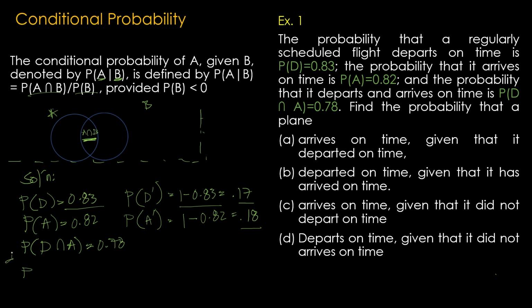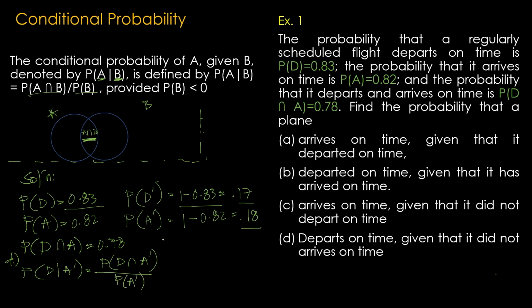For letter D, this is just similar to what we did earlier. We are to find the probability that it will depart on time given that it did not arrive on time, or the A complement. This is equal to the probability of the intersection between D and A prime all over the probability of A prime, or the A complement.